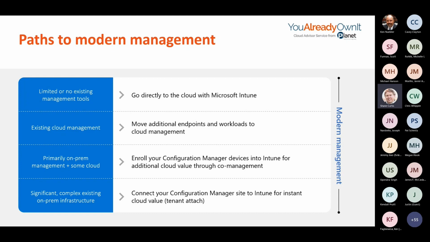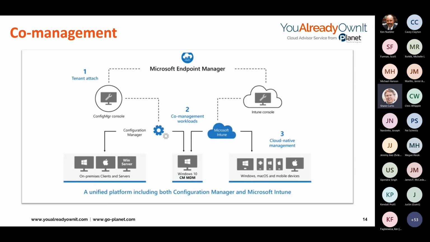But like I said, I don't feel like that ever really took off. But by far the third category here is where we're working with customers the most, trying to get them at least to a co-managed state, because the co-management allows you to more quickly and easily migrate into the cloud. So let's look at the next slide here, Ken.